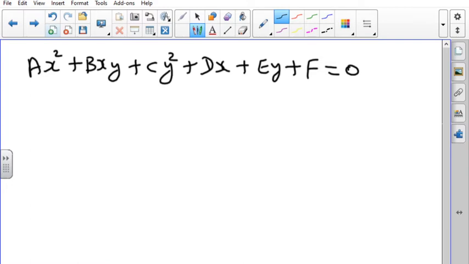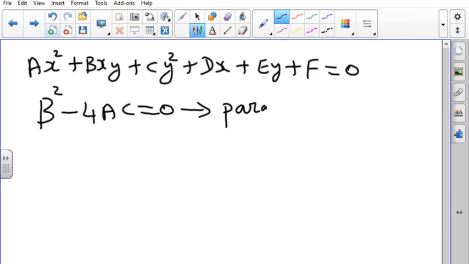In this, when b square minus 4ac is equal to 0, we get a parabola, as we have already seen that when e is equal to 1, it is a parabola.